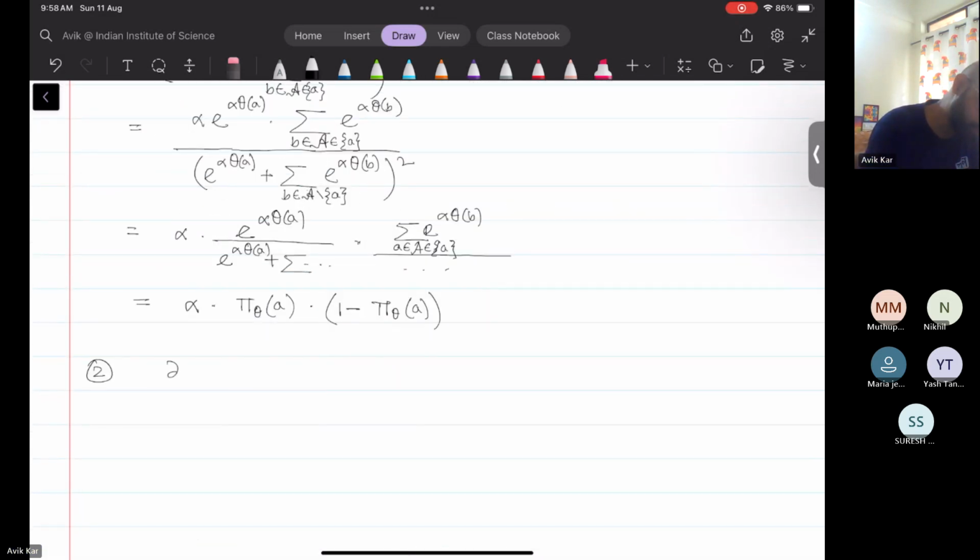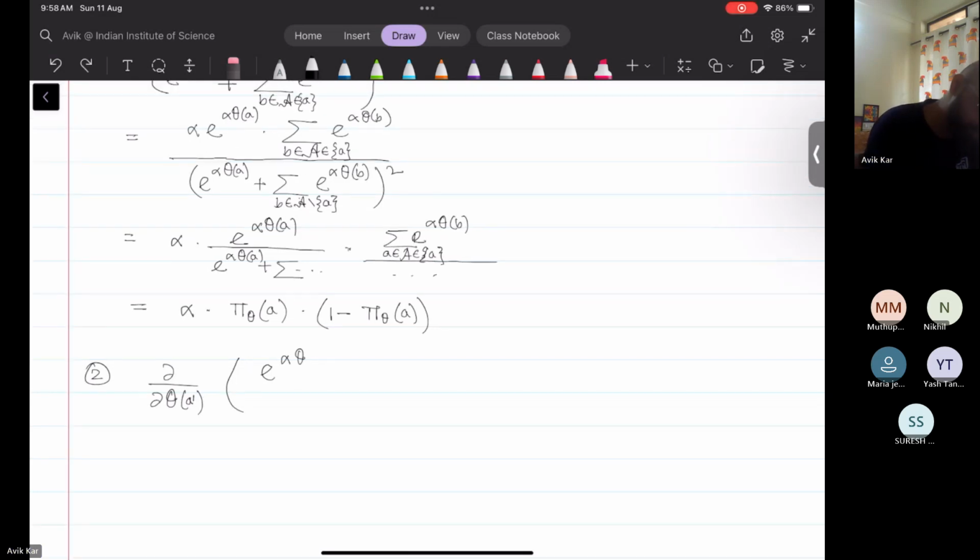And I think you can do this now for delta theta b prime, when e raised to alpha theta a, summation.